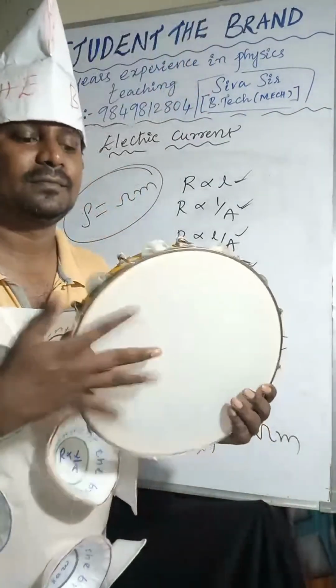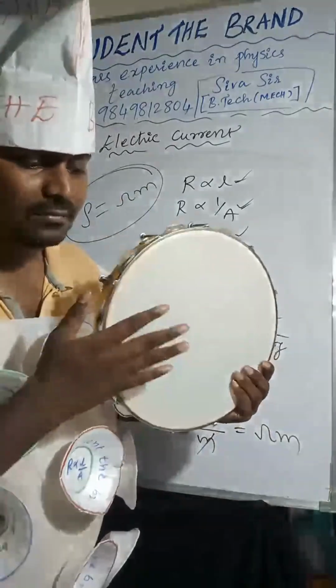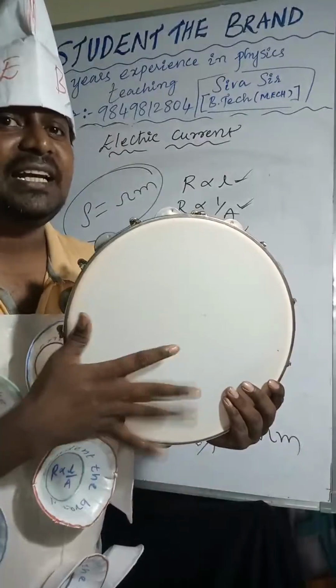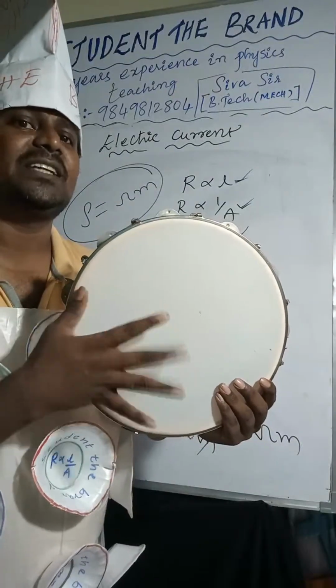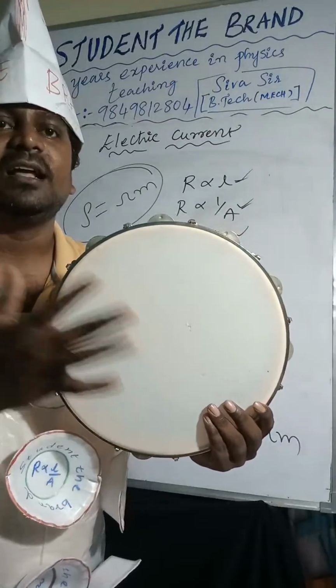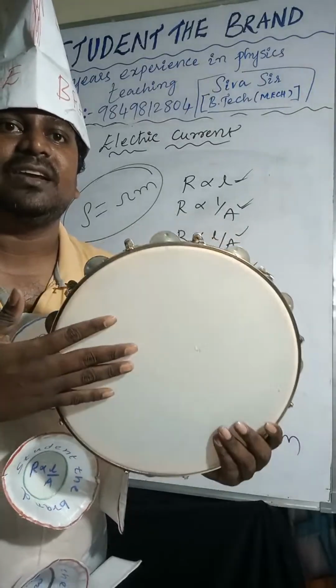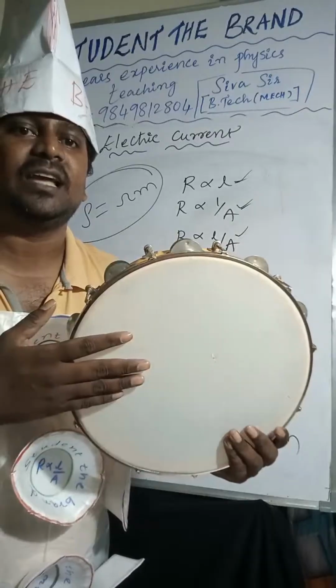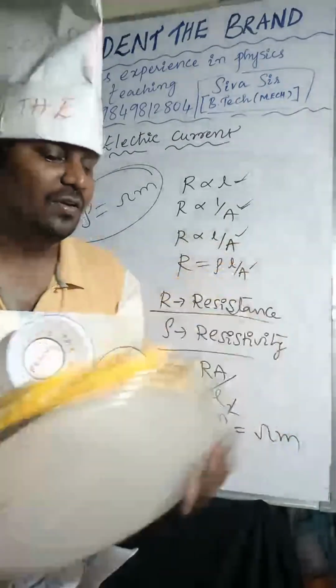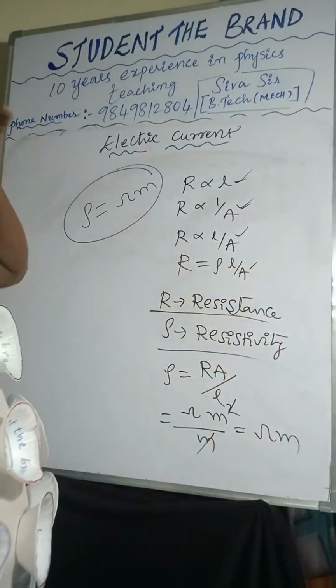Everyone listen here, very, very important. Resistivity SI unit is ohm meter.